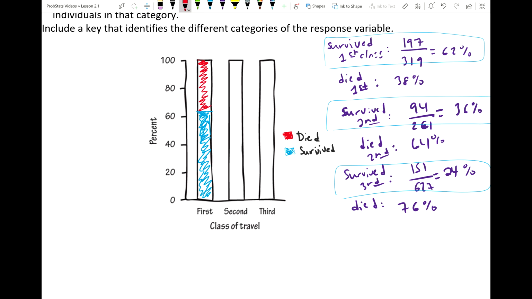And the rest did not make it. For survival here is about 36%. And then the last one was 24%.